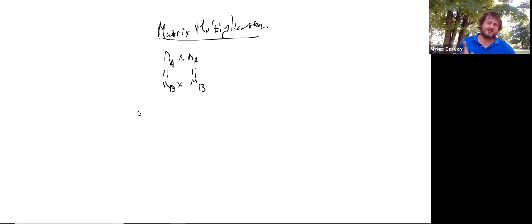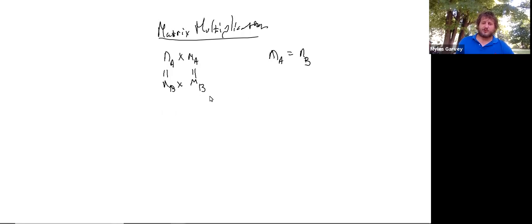Matrix multiplication is not the same requirement. Matrix multiplication necessitates that the number of columns of A need to equal the number of rows for B. Now that looks strange, but just stick with me for a moment.